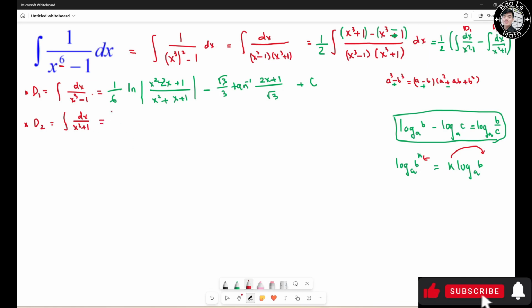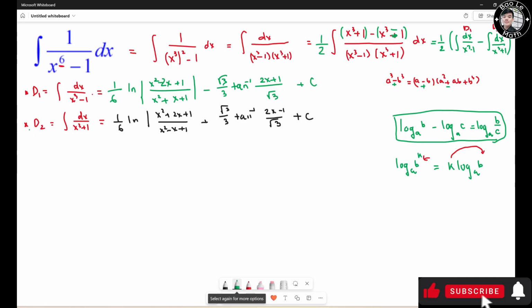It's going to be 1 over 6 natural log of absolute value of s squared plus 2s plus 1 over s squared minus s plus 1 plus root 3 over 3 tangent inverse of 2s minus 1 over root 3 plus c. I'm going to leave this for you to calculate. You do exactly the same process, you get the same answer right here, okay?